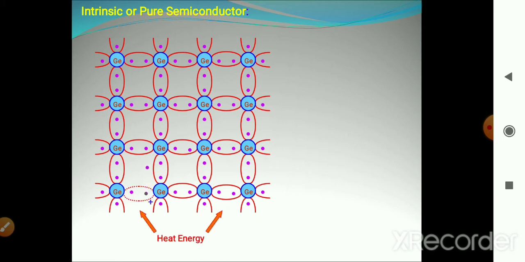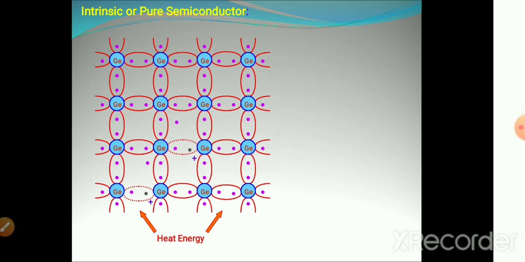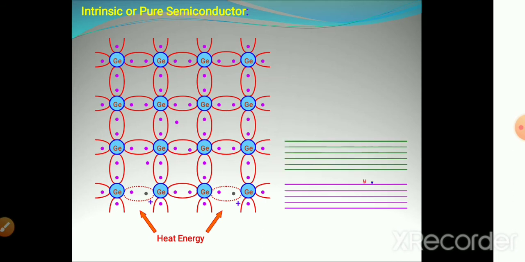Now, when the crystal gains some energy, some of the electrons break the bonds and become free, so a hole is created. Some electrons have a tendency to jump into these holes. It is called electron-hole recombination. So the position of the hole keeps changing from one place to another.